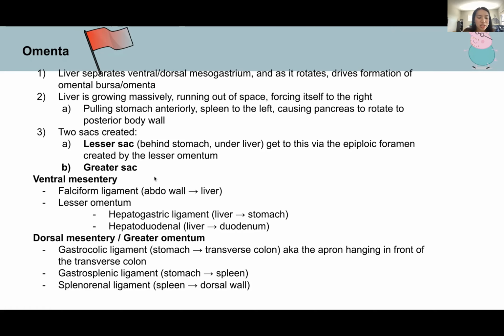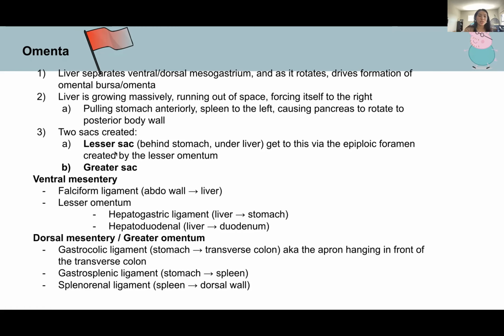I drew a drawing, didn't put it in. Basically know that there's a lesser sac and a greater sac, and they're bags, areas where things can go inside the abdominal cavity that are formed by this mesentery.